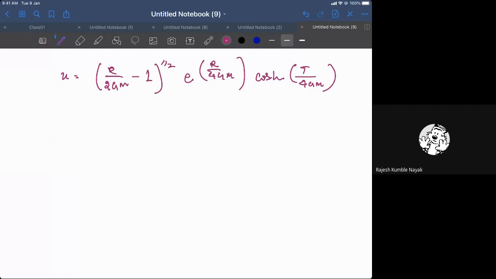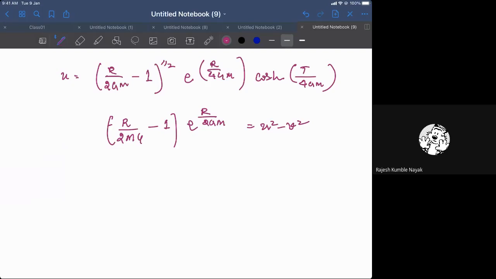Now you have this condition which says that (r minus 2GM) into e to the power r by 2GM is equal to u square minus v square, right? So you can play a trick here.